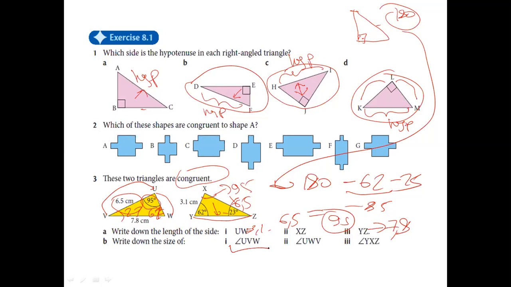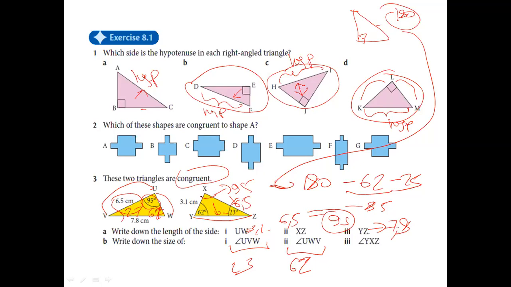For example, UVW. Where is UVW? UVW is 23, and the angle of UWV is 62. And the last angle is YXZ.